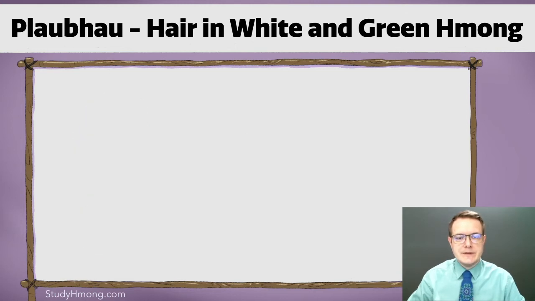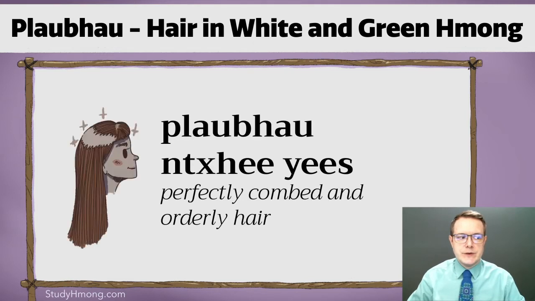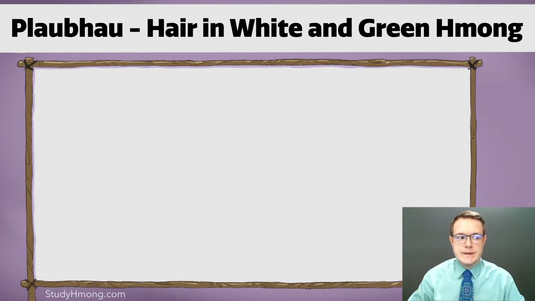Now let's talk about different hairstyles or quality of hair. For hair that's perfectly combed and in order, think of very straight, orderly, smooth falling hair, they refer to that as Plaubhau Nceng Yang.